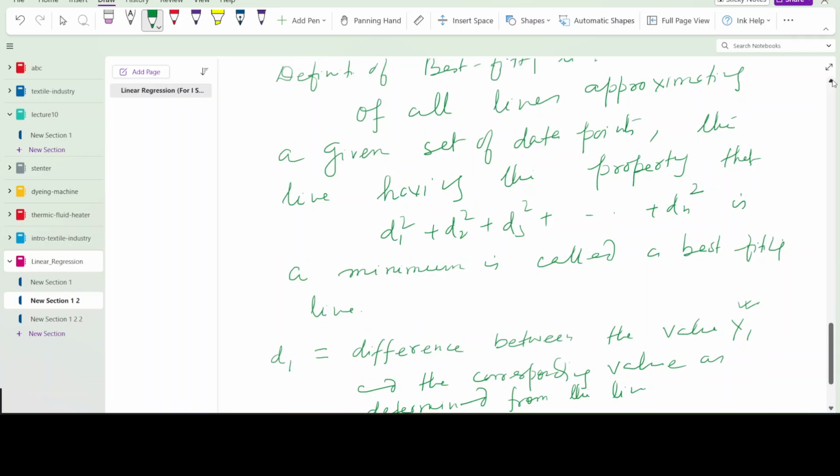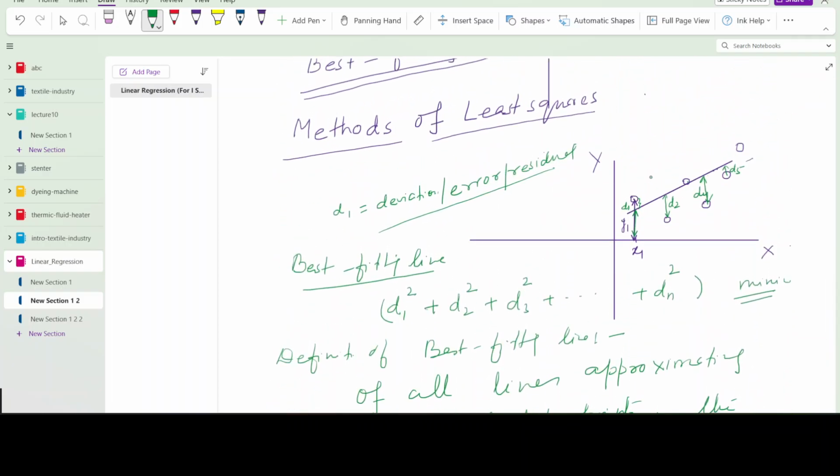We have seen here, this is the vertical distance of observation first, x1, y1, and this is the vertical distance from this line, and the difference of the two, this part, is d1.